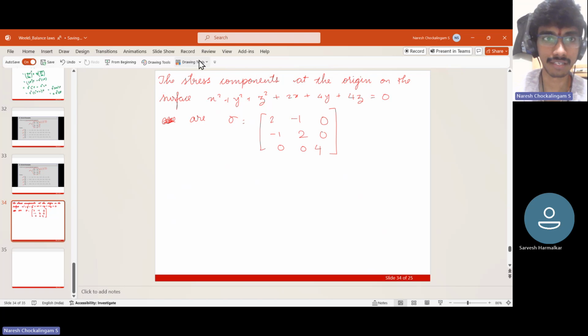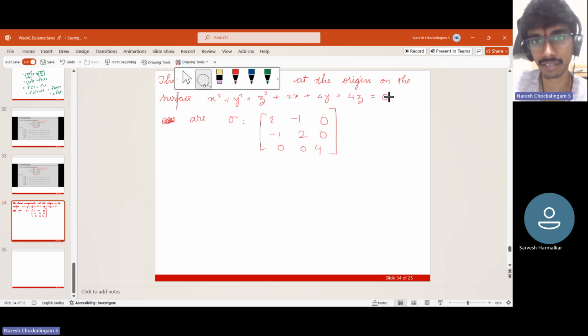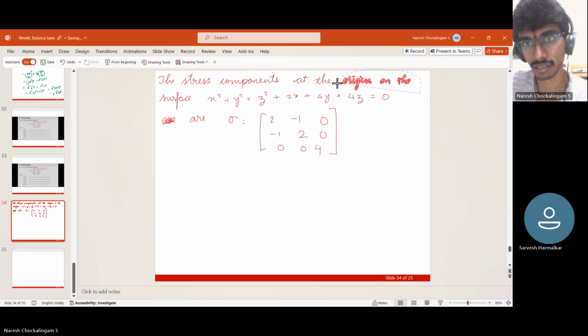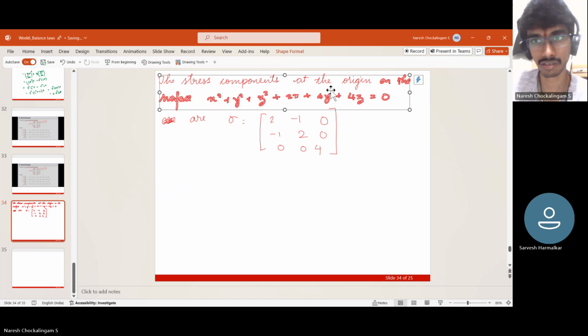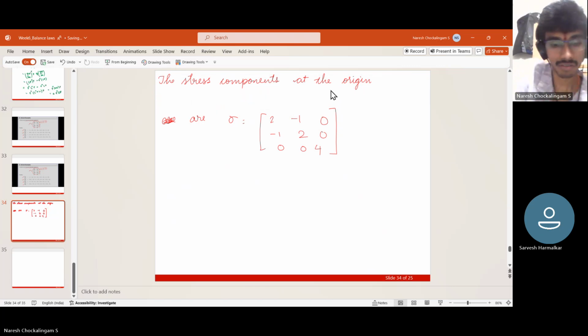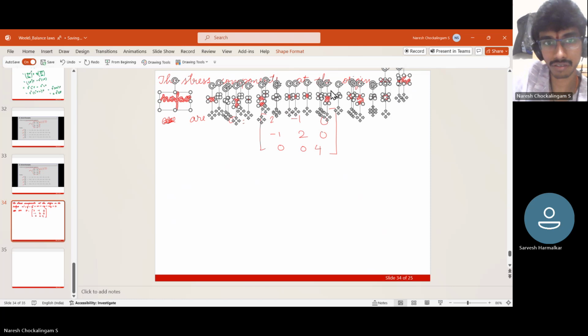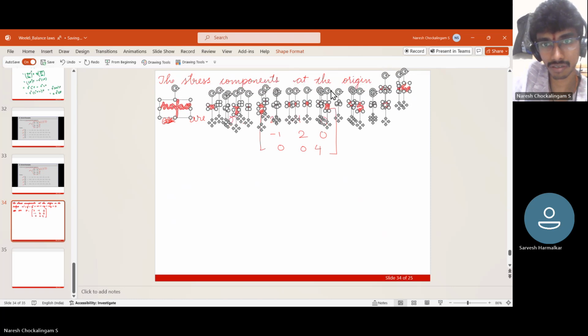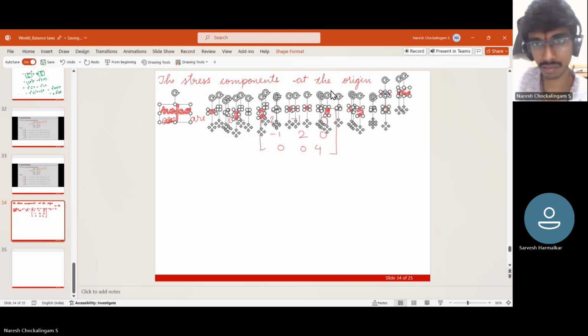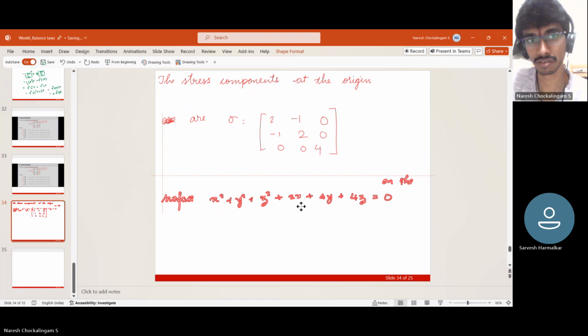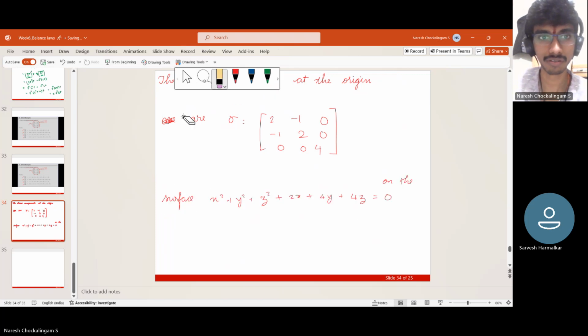Okay, so let me do one thing. There is a slight issue here. So the stress components at the origin of something.